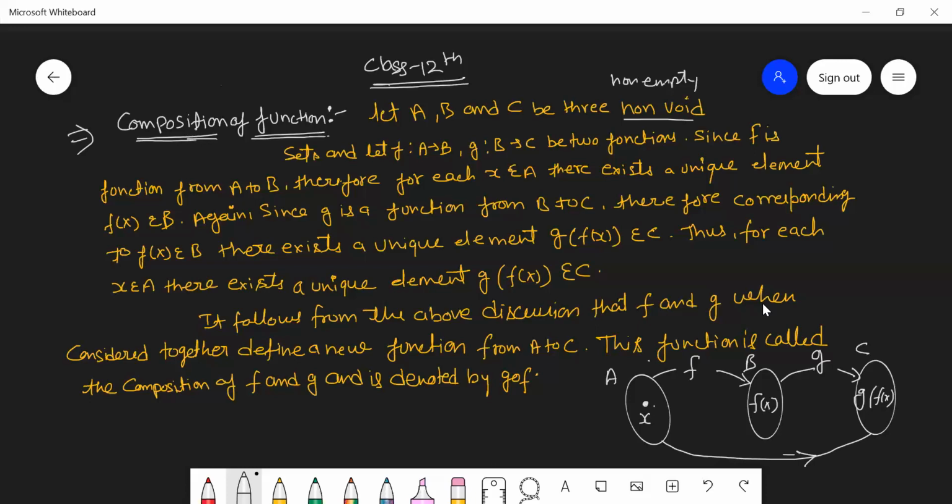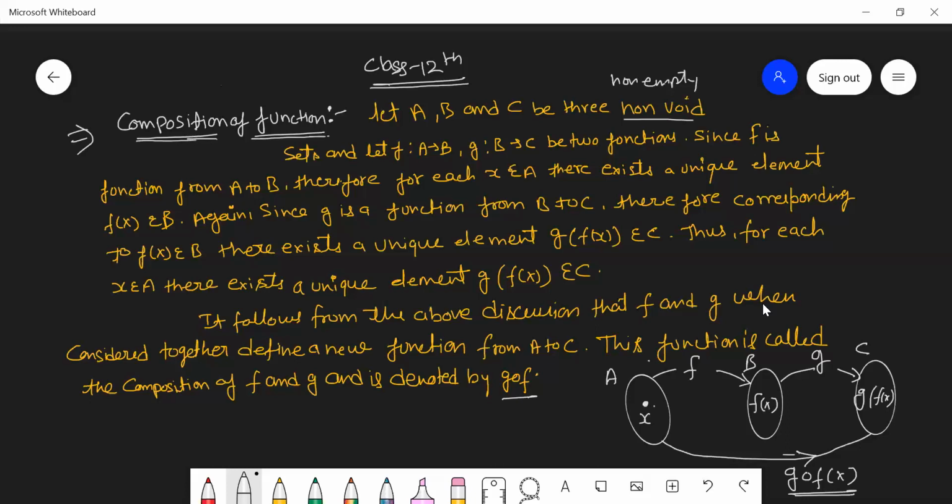So it follows from this discussion that f and g, when considered together, define a new function from A to C. This function is known as the composition of f and g, and it is denoted by gof, so this is gof(x).